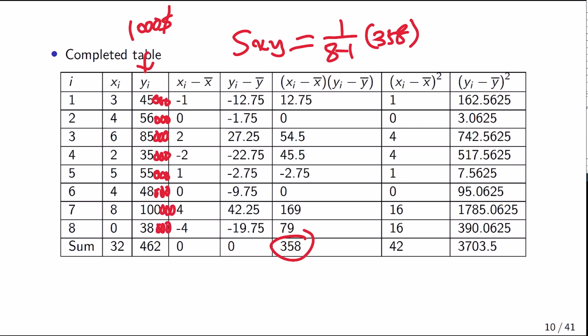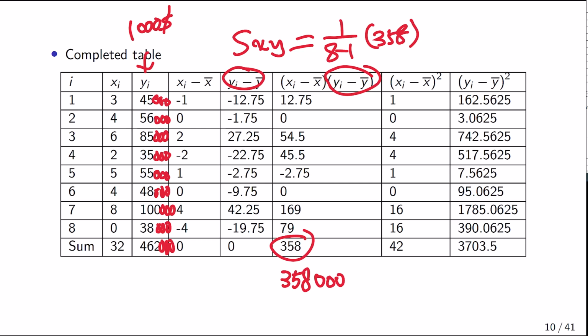And then the sum is also going to have 3 zeros. Think about this one. Now this y bar is also 3,000 times, and then this whole thing is 3,000 times. This something is 3,000 times. Then we end up with this sum being 358,000.